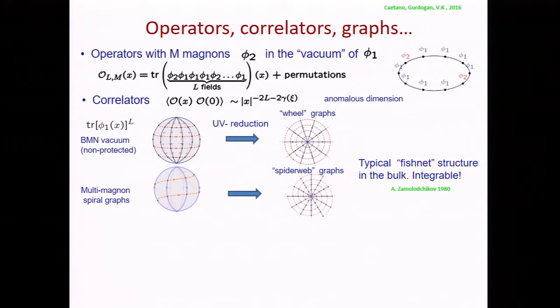They have typical fishnet structure, and Zamolodchikov once showed that at least in the bulk, the fishnet graphs are integrable. So this bi-scalar model is a nice realization of Zamolodchikov's fishnet graphs.